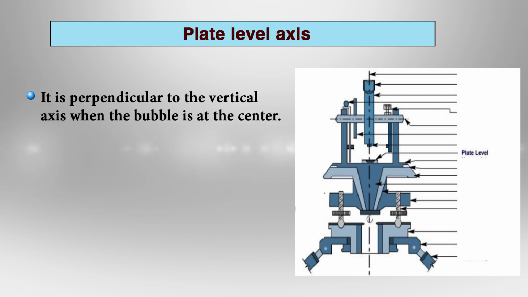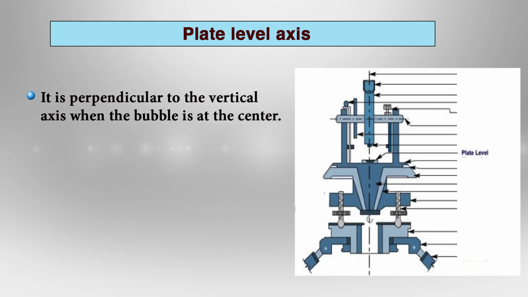So, when we are actually adjusting the theodolite, we are adjusting the plate level such that the bubble is centered. In some cases there are two bubbles which are perpendicular to each other, but in some cases there would be one bubble.